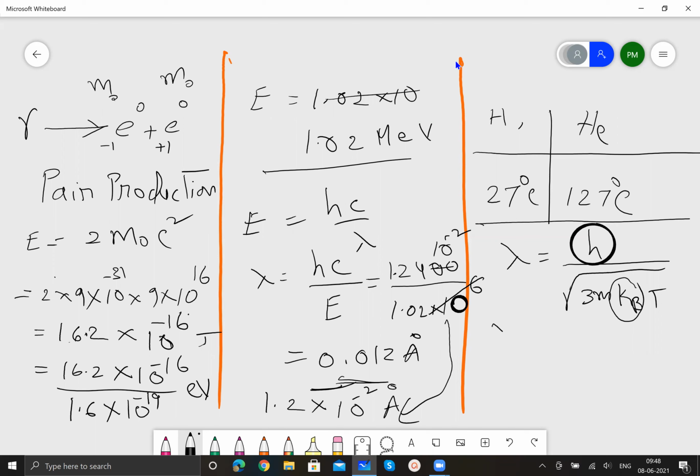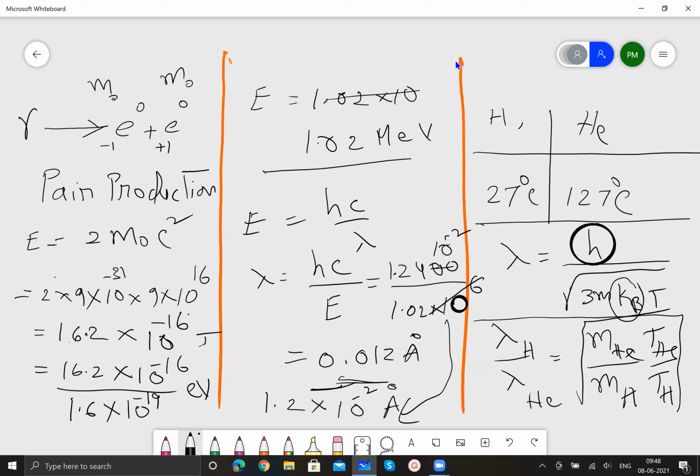So lambda helium by lambda hydrogen is root of m hydrogen by m helium into t helium by t hydrogen. Is this relation correct? Yes, correct, sir.